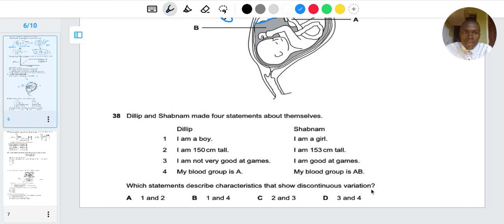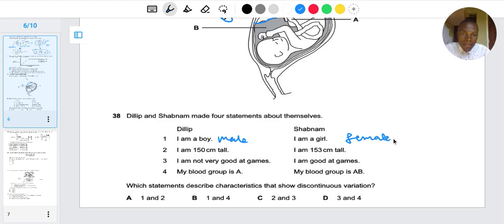When you talk of discontinuous variation, you talk of things where there is a clear cut between living organisms of the same species. To remember what discontinuous variation is, think of things that do not change no matter what. If someone is a boy, that means a male. If someone is a girl, that means a female.